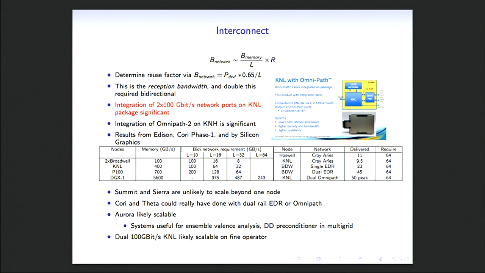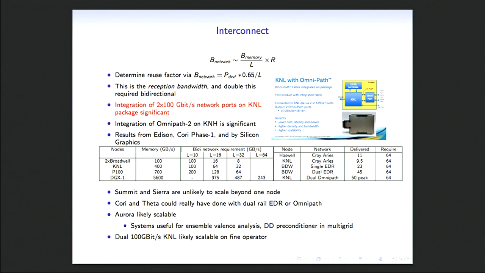64, 128, oh my god, these 8 GPU systems need a terabyte a second of network bandwidth, when the delivered is stuck down at 10, 20 gigabytes per second, typically for send plus receive added together, which is an absolute disaster. So you can see the delivered measured from Cori A1, Theta, and various Broadwell nodes from SGI.